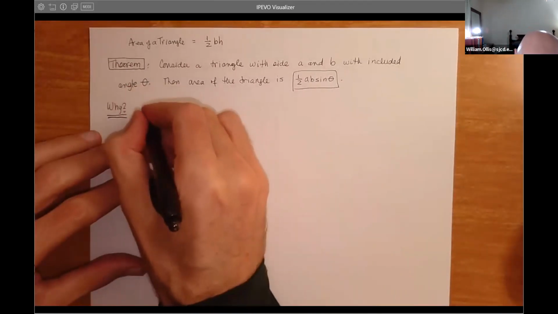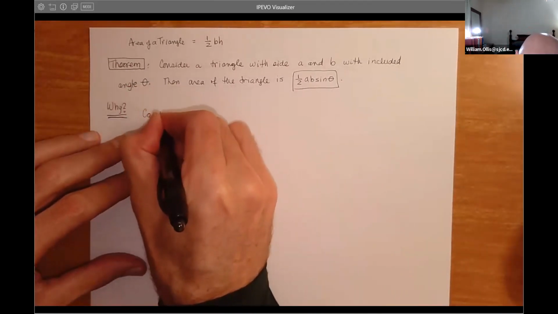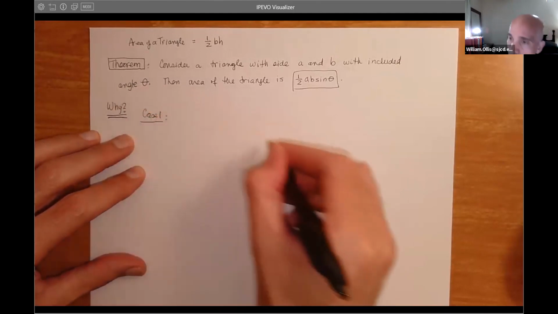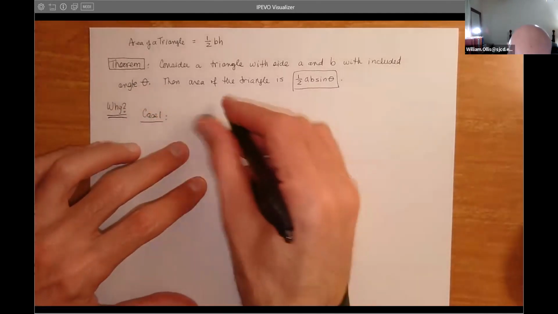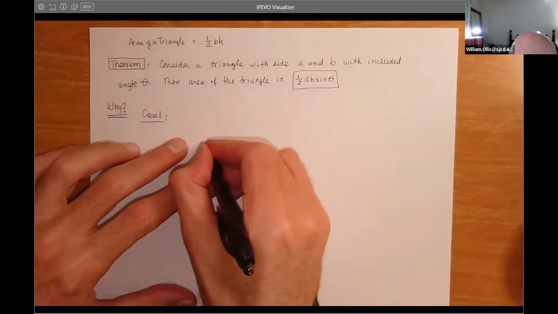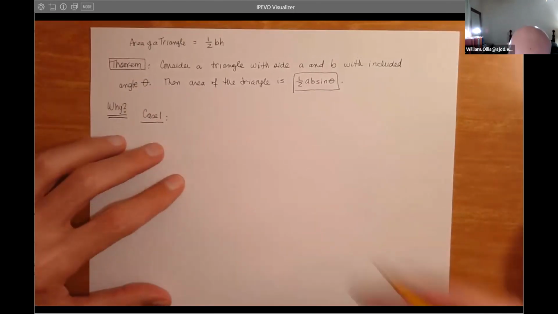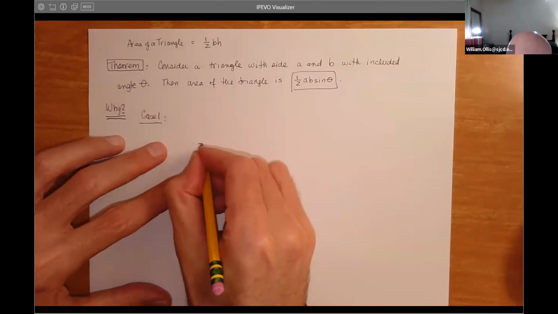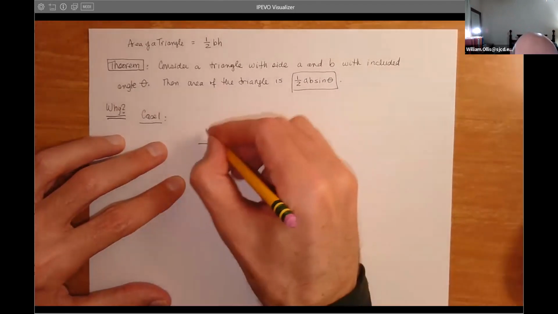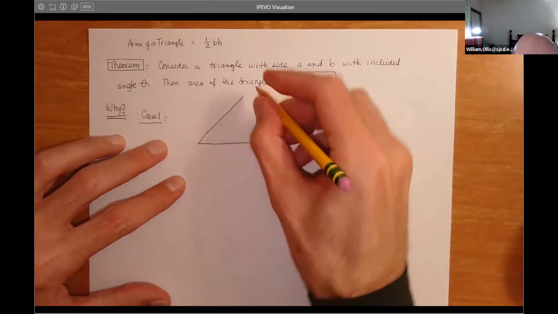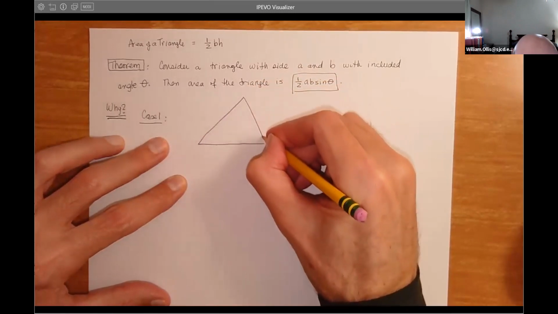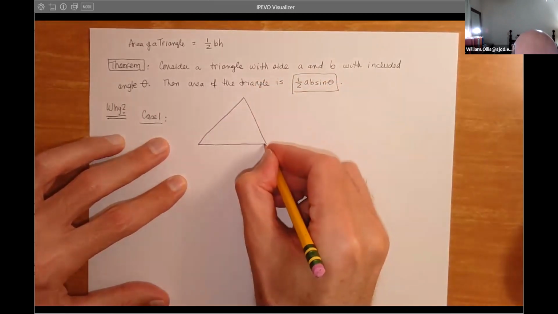So now here's case one. Let's just consider an acute triangle. So we'll do something like this, just very simple. I'll draw this in pencil. Okay, so we have an acute triangle.